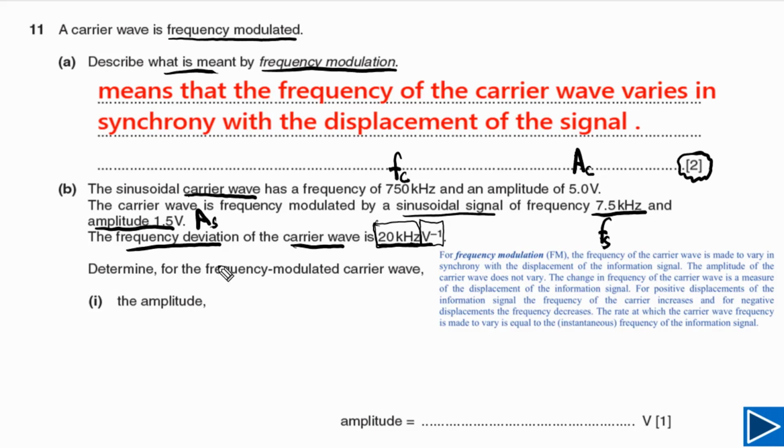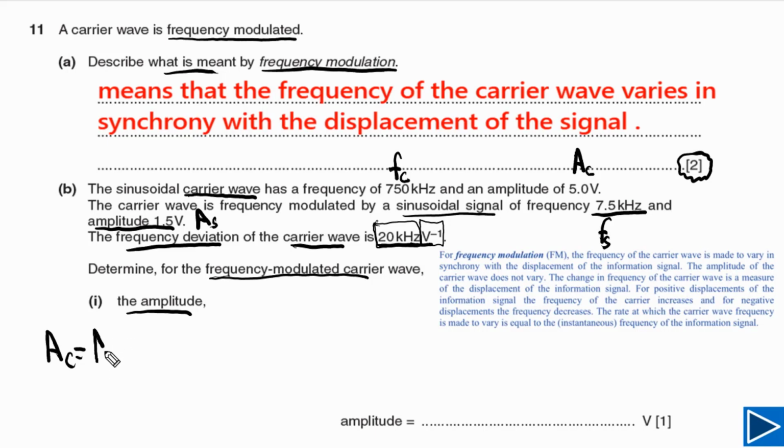Now, the first part is simply asking us to determine, for the frequency modulated carrier wave, what is the amplitude. We understand that in frequency modulation, the amplitude of the carrier wave does not change. Only the frequency of the modulated wave changes.